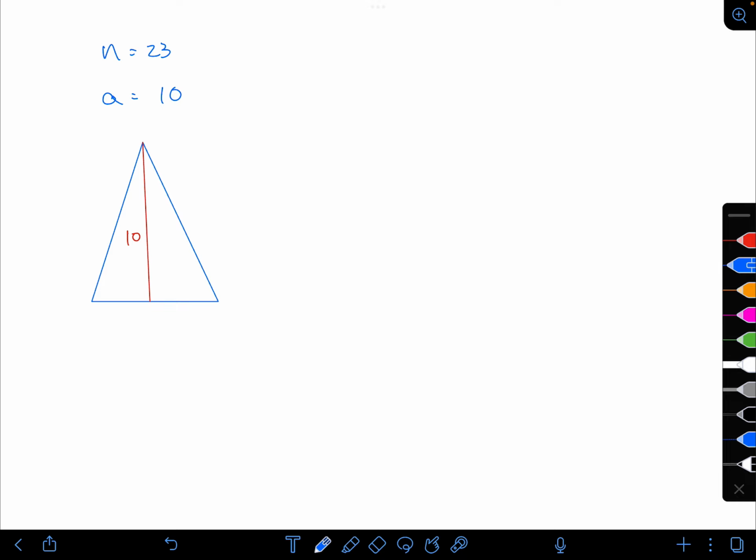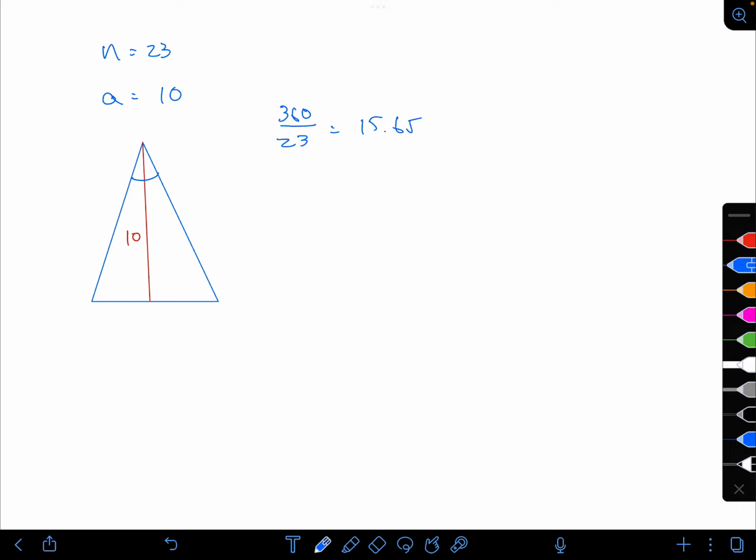And so I need to do some calculations. We're going to do the same calculation we did before and find that central angle. So 360 divided by 23 is 15.65 degrees. I'm going to store that into x just to start.